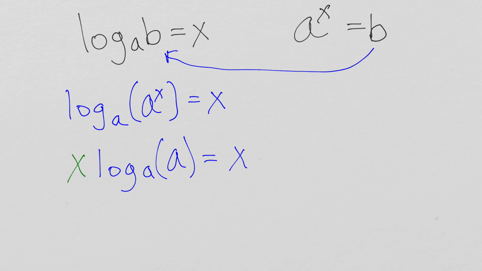Well, log base A of A, if I resolve this part, which means transform this into its numerical value, that numerical value is going to be 1, right? What would I need to raise A by to get A? Well, 1.